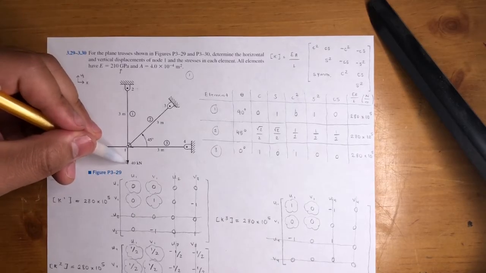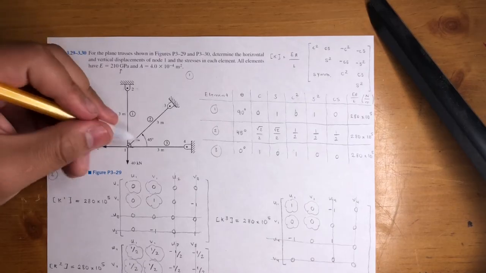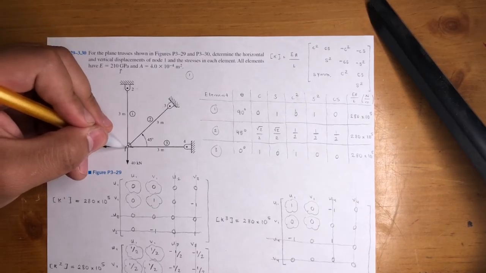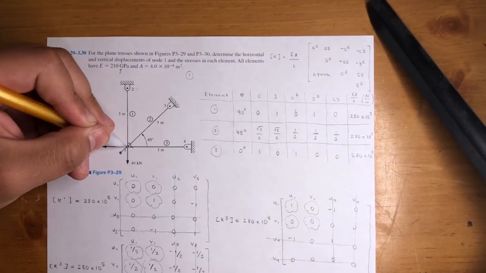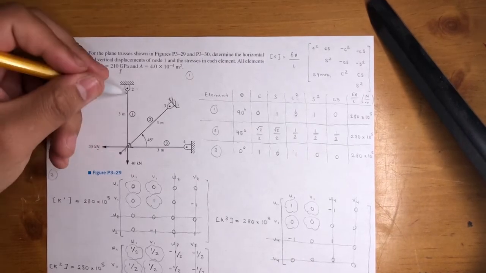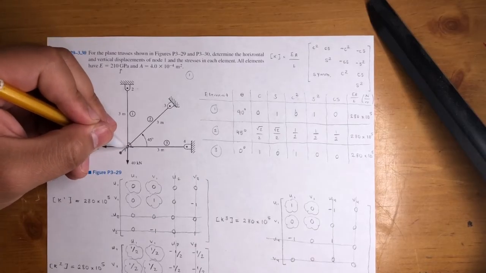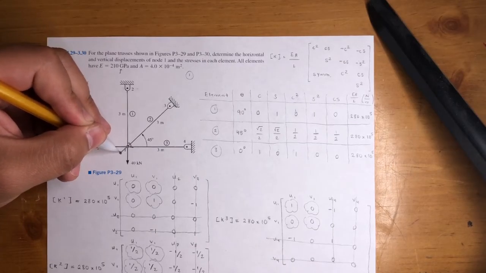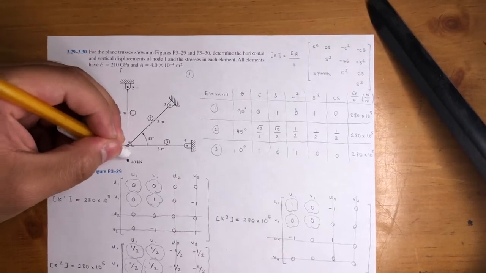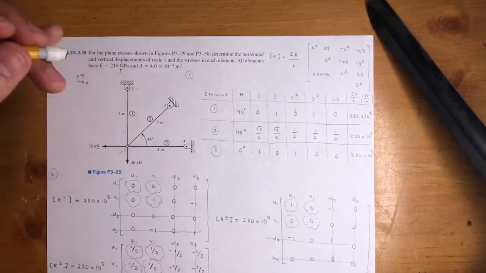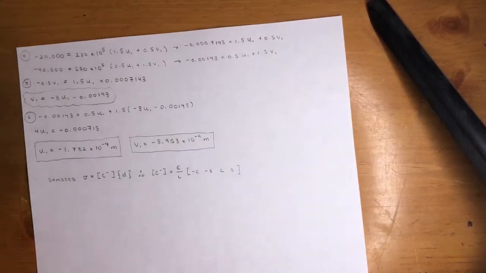And if you're pulling down with 40, assuming it pulls somewhat evenly, you'll get a displacement in the negative y direction. So yes, that makes sense. It means we're on the right track.